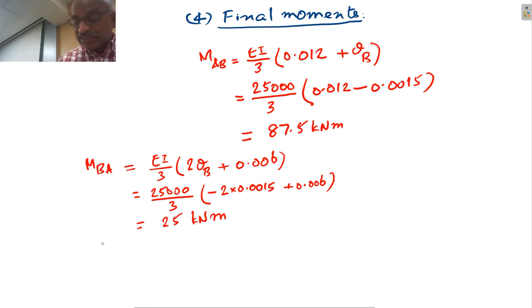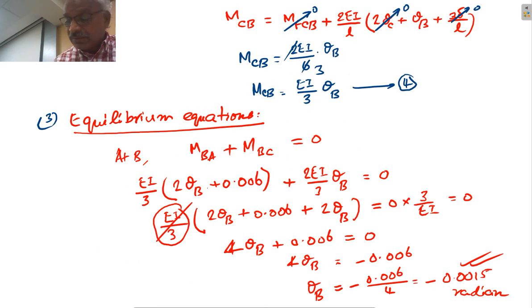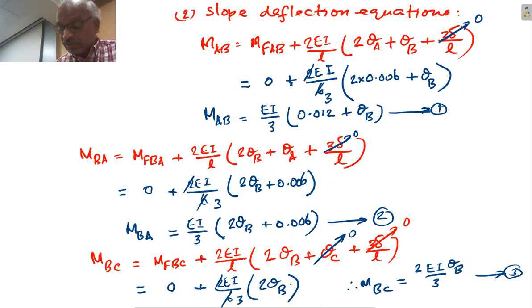Then MBC equal to 2 by 3 EI theta B, from equation number 3.